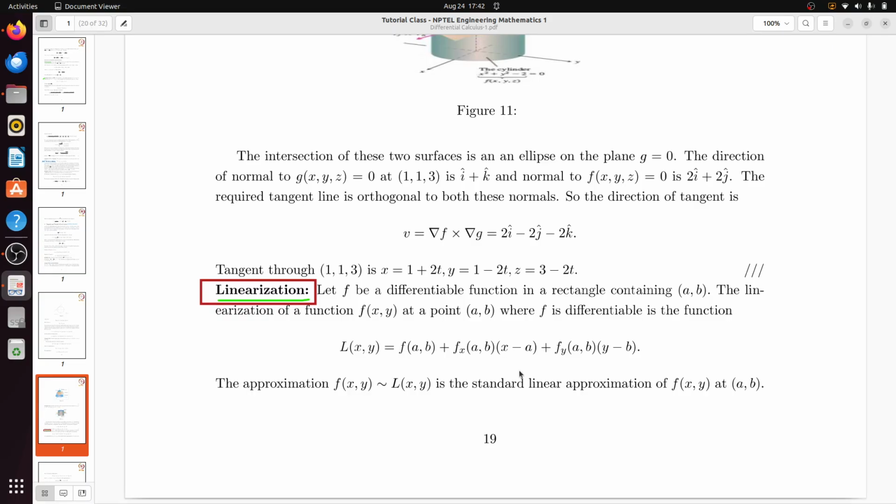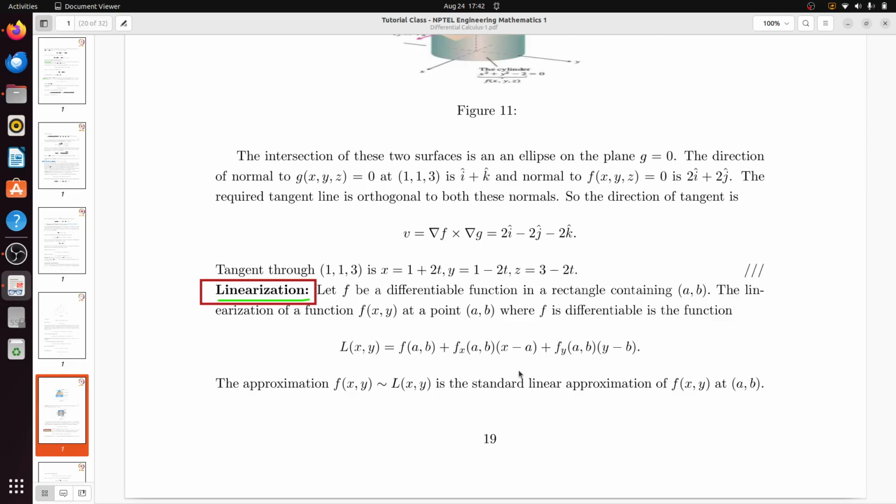So this very basic formula will give you the linear approximation of the function f(x,y). That means using this technique you can approximate any complex, difficult function into a simpler notion.